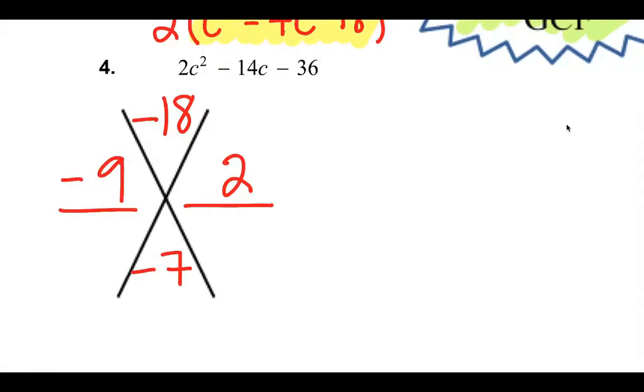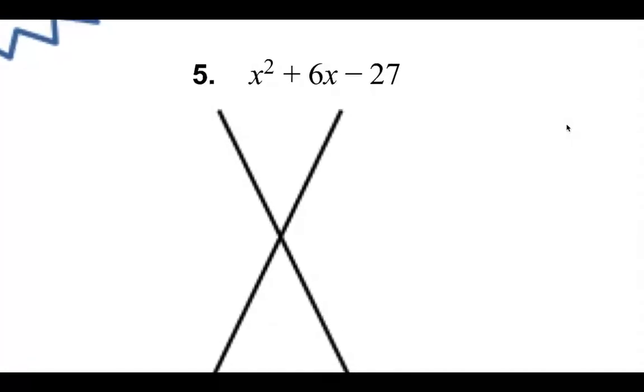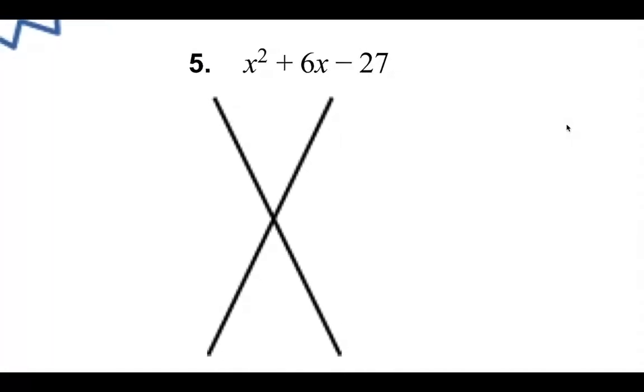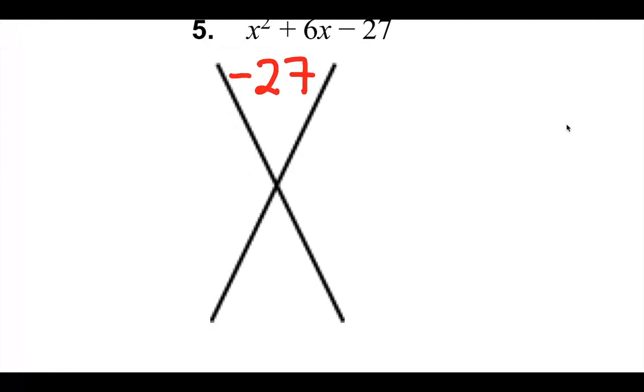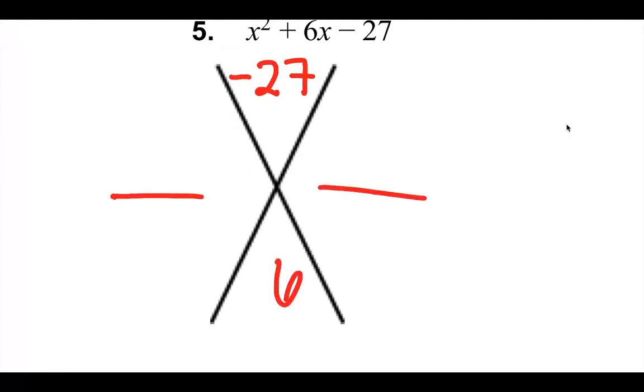If we go down to this one, there's nothing I can take out of all of these besides a 1, so I'm just going to solve this one like normal. 1 times negative 27 is negative 27. Bring down the 6. What multiplies to negative 27 but also adds to 6?